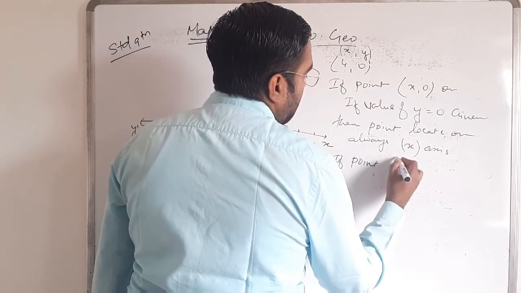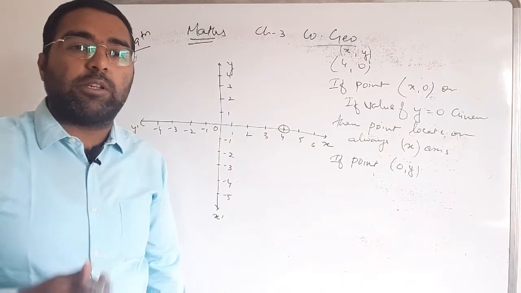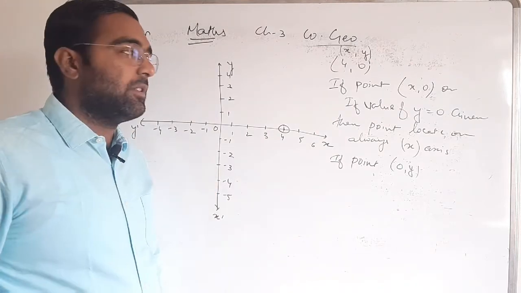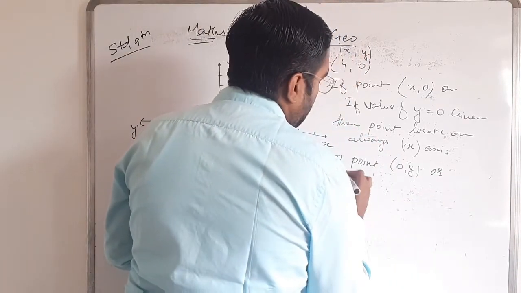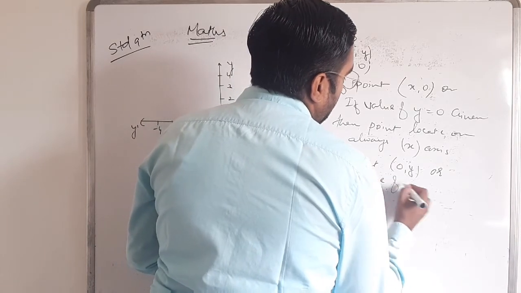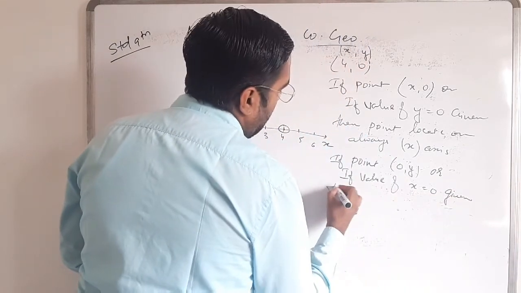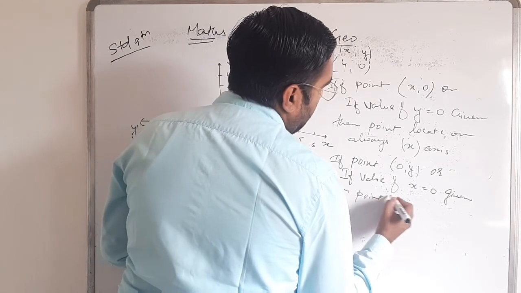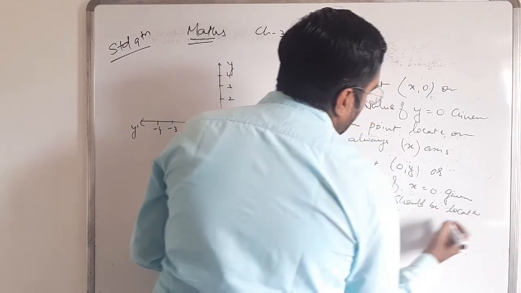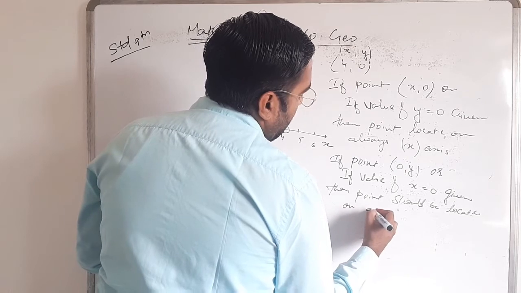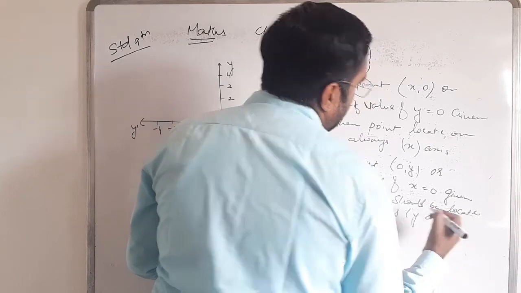Now the same thing is written for y. If the point is 0 comma y, meaning any value of y, positive or negative, but the value of x is given as 0, then the point is located always on the y-axis.